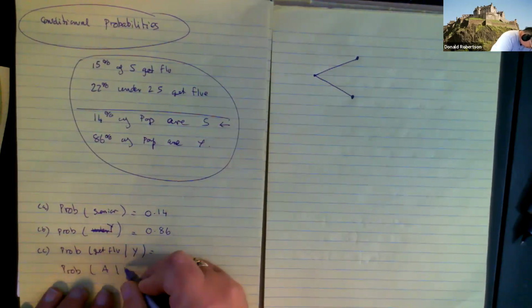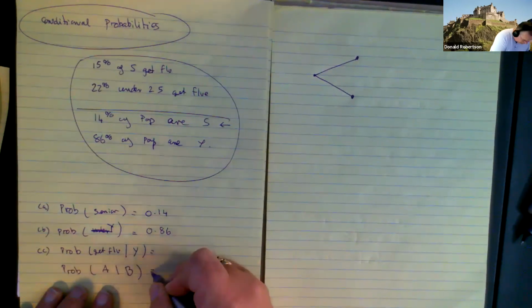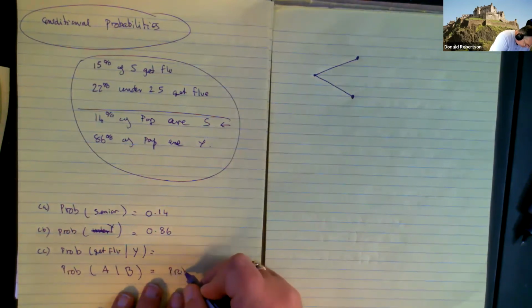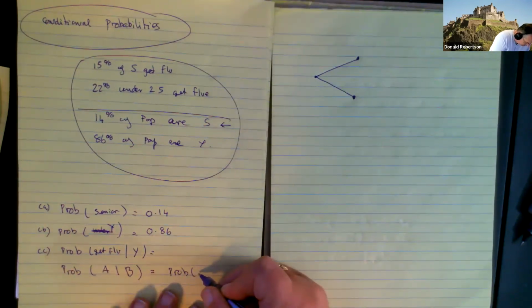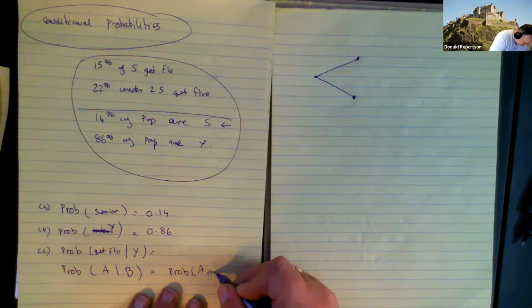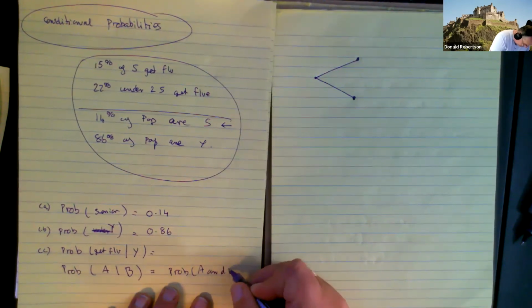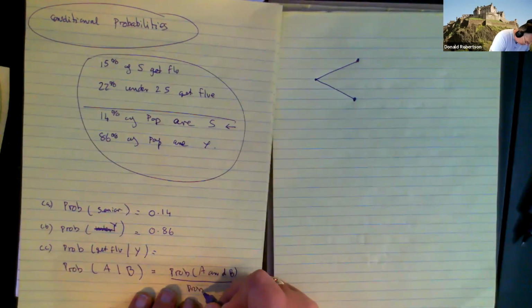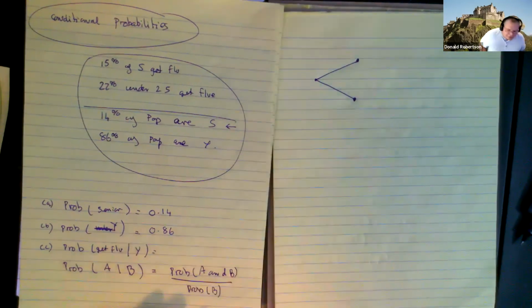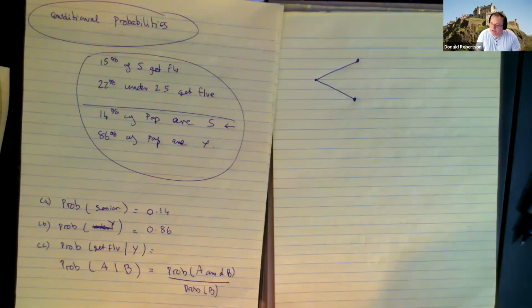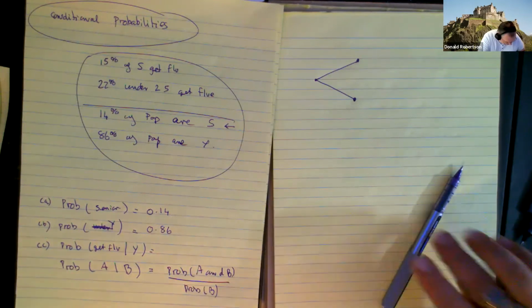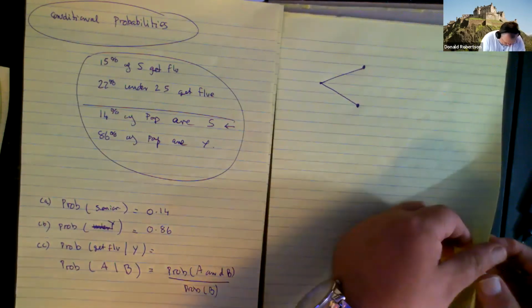I'm going to call it the probability of A given B, and that is the probability of A and B divided by the probability of B. Can you remember that formula? We did it yesterday. I'm going to use that one. I was going to use the tree diagram, but I don't need to. This is going to work just fine.